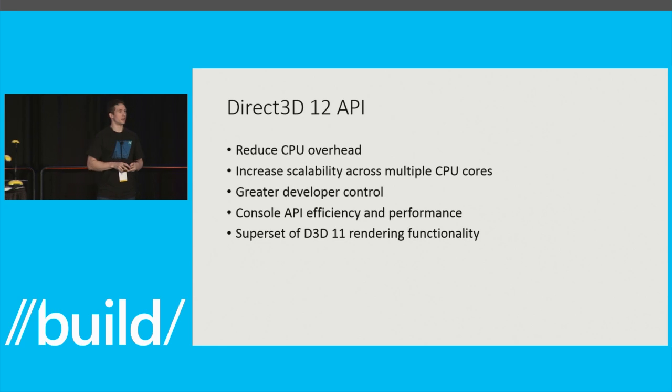Two main areas. CPU efficiency, so how much CPU work is necessary for generating a sequence of state change draw pairs. And then CPU parallelism, so how efficiently can you scale out across as many CPU cores as you have, generate rendering commands or other rendering work across all those cores, and then submit that work to the GPU.